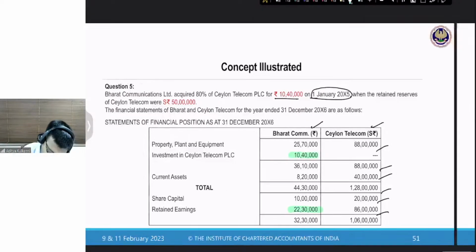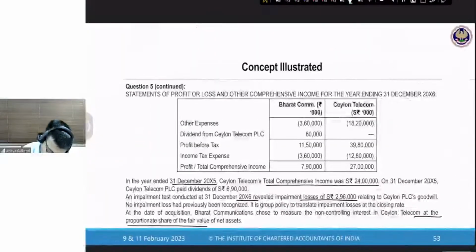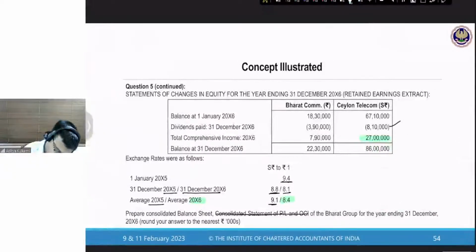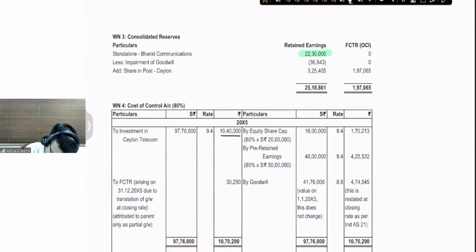This was made on which date? Sir, this was made on 1st January 20x5. What was the rate on that day? 9.4. So 10,40,000 at 9.4, I will get 97,76,000. This is the equivalent amount on the date of acquisition of my investment in Ceylon Telecom.